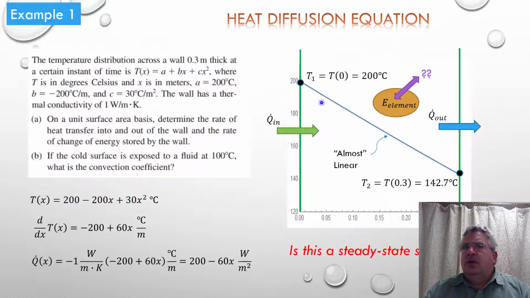So now I've put these in a priori before I've evaluated them, but what I'm assuming here is that when I evaluate Q in or Q dot at x equaling 0, I'm going to get a positive value. So the heat's coming into the left-hand wall. I'm also drawing the heat flux on the right-hand wall as going from left to right.